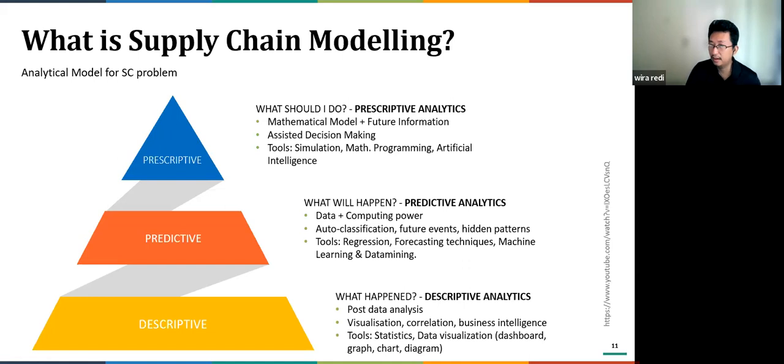Basically, we have three, but sometimes it is mentioned as four because descriptive sometimes is also plus diagnostic approach. So before you do the upper layers like predictive and prescriptive, you need to have descriptive first. Descriptive analytics, and then you can go to diagnostic analytics, and then predictive, and then you can do the prescriptive.